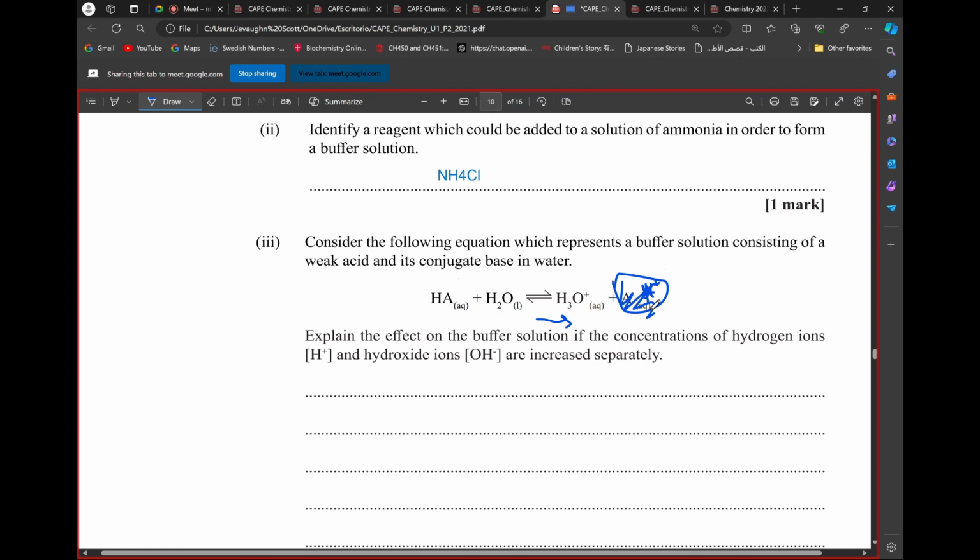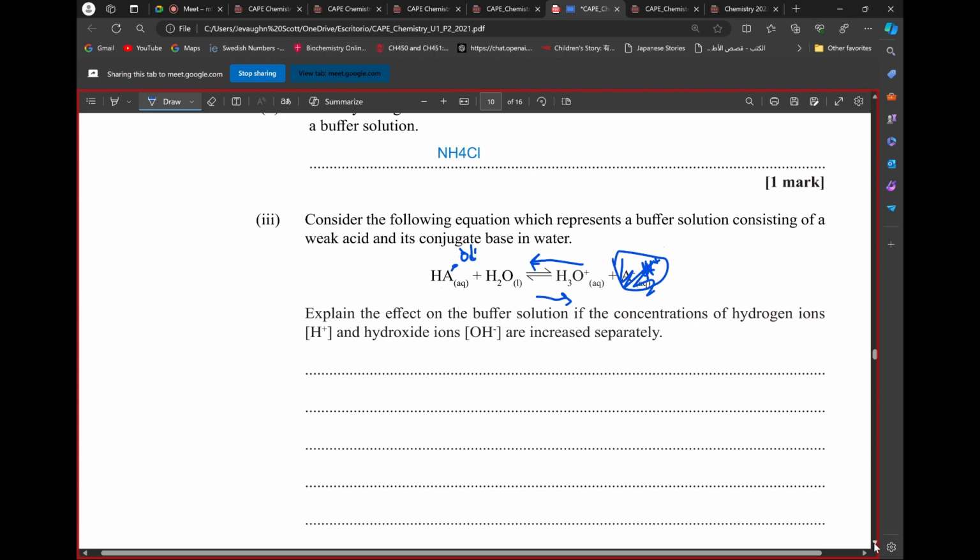Overall, what we're going to have to do now is push the equilibrium to restore the concentration of A. If we have hydroxides reacting, they're going to react with our acid, and we're going to have an increase in the concentration of A. So if we increase the concentration of A, the equilibrium will move to the left to decrease the concentration of A. Each time we react, we're going to have the replenishing of our salt and the replenishing of our acid, because that's how the buffer maintains its pH.